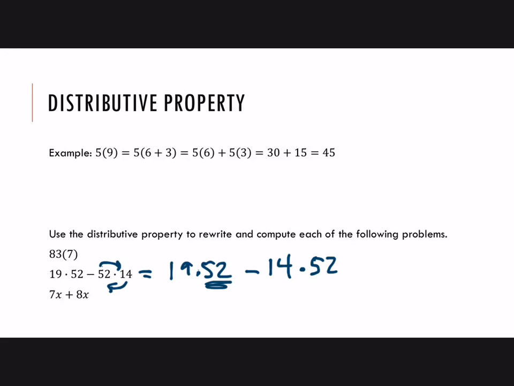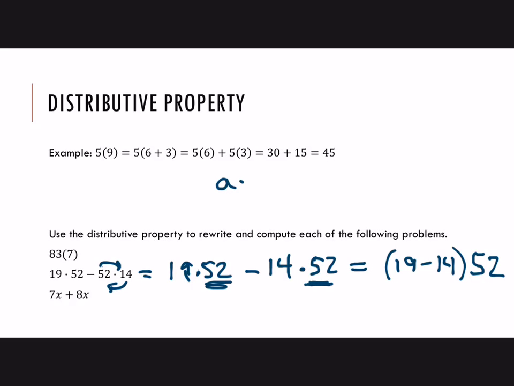and then once I have the 52 to the right of each of those numbers, I can use the distributive property kind of going backwards, so it's like I'm undistributing, and I'm going to take that out or factor that out, and then I'm left with 19 minus 14. All right, so this one is like going backwards.